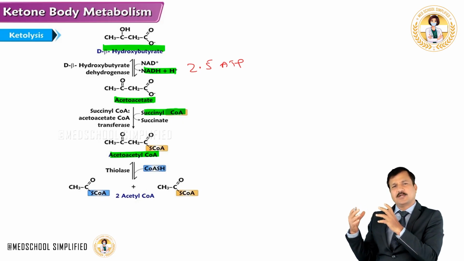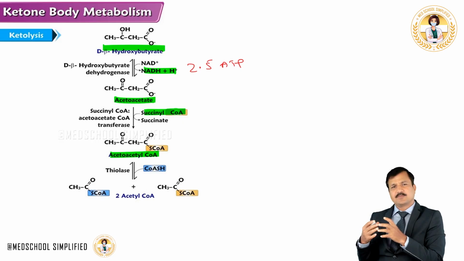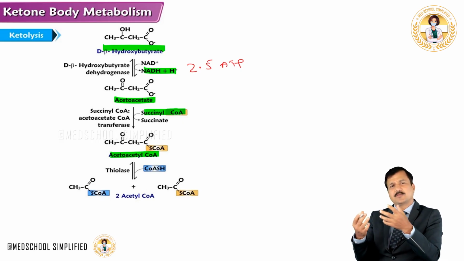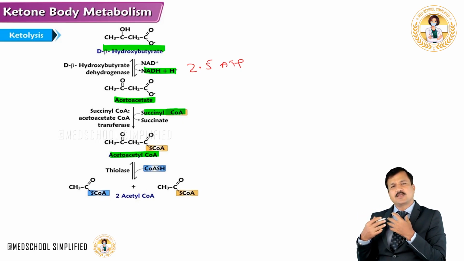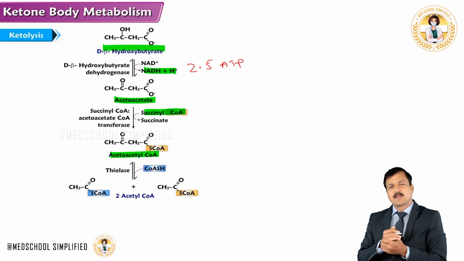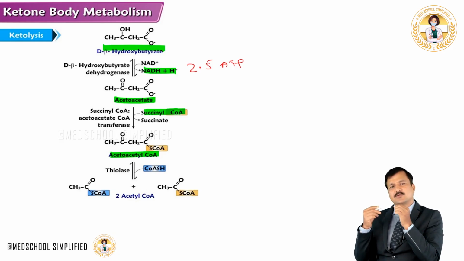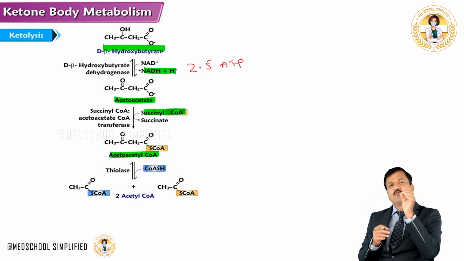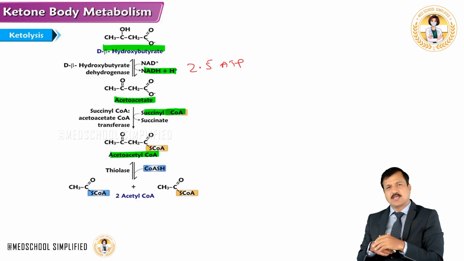Succinyl-CoA in the mitochondrial matrix is a TCA cycle intermediate, so that means a TCA cycle intermediate is diverted into this reaction. Otherwise, in the TCA cycle, succinyl-CoA could have been converted to succinate by succinate thiokinase enzyme, and there substrate level phosphorylation could have given 1 GTP. That 1 GTP is not given here because we have bypassed the reaction. That means the cell is losing 1 GTP, which is equivalent to 1 ATP.